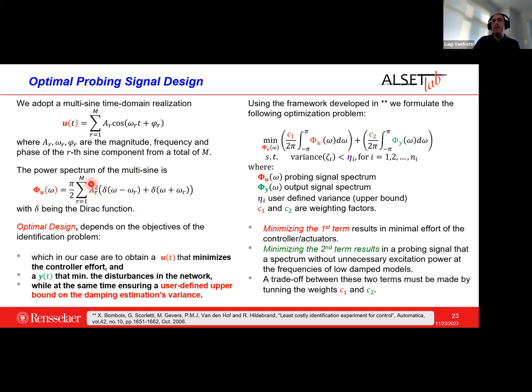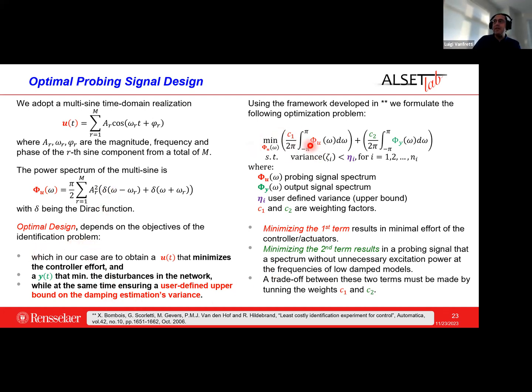So basically, the optimal design problem is going to boil down to minimizing the spectrum of the input signal and the output signal by weighting how much impact of each of them we want to reduce, and that we're going to do through optimization.